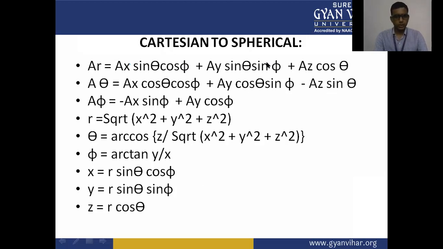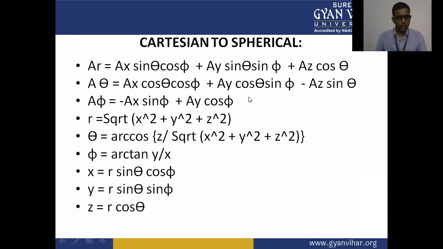Now the transformation to the spherical coordinate representation, or Cartesian to the spherical coordinate system. Ar is defined as Ax sin theta cos phi plus Ay sin theta sin phi plus Az cos theta.